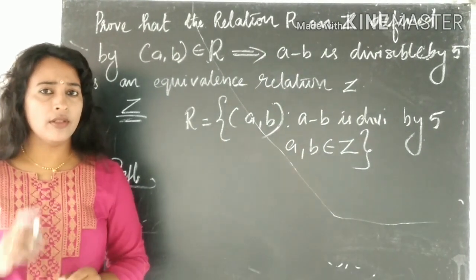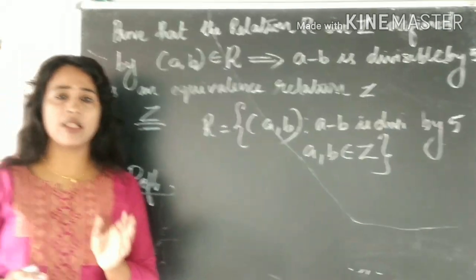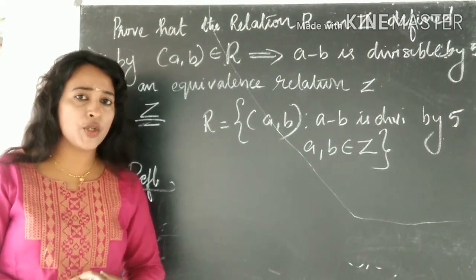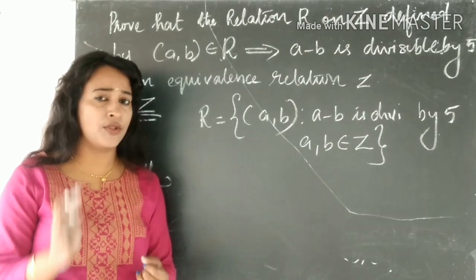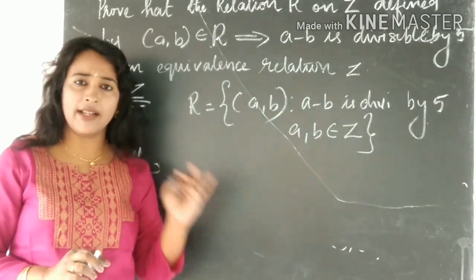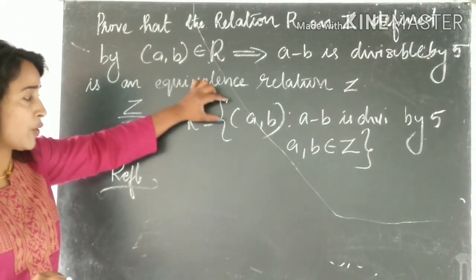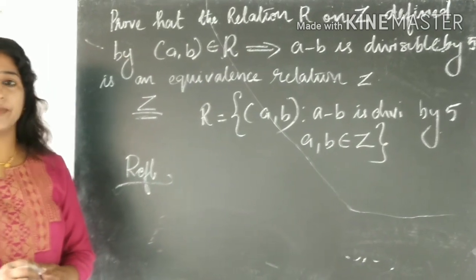All the positive numbers like 0, 1, 2, 3, etc., then minus 1, minus 2, minus 3, etc. For all those elements, there should be a relation. That means 0, 0, 1, 1, 2, 2, minus 1, minus 1, minus 2, minus 2. All such ordered pairs should be present in the set. Then only it will be reflexive.